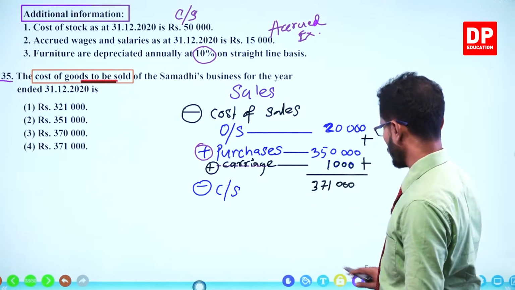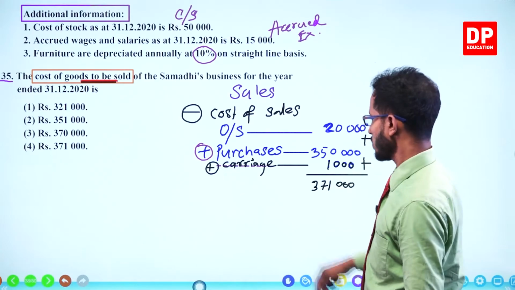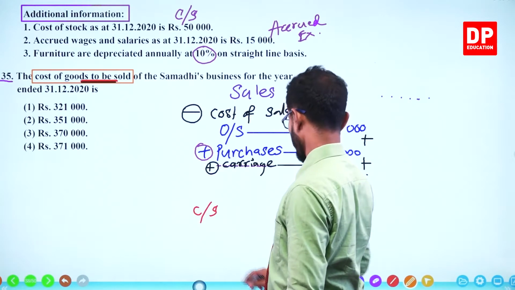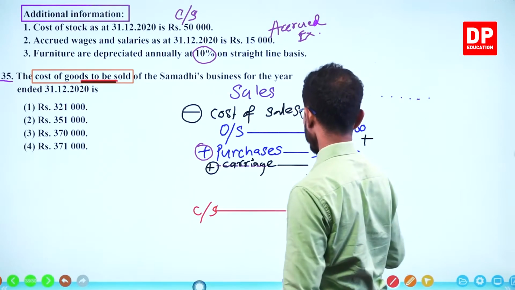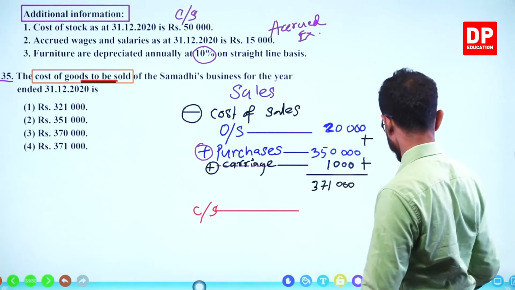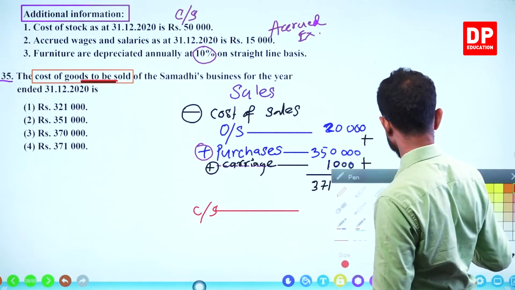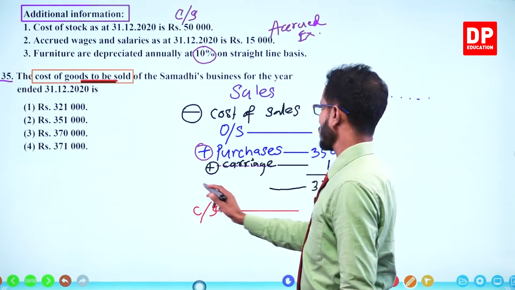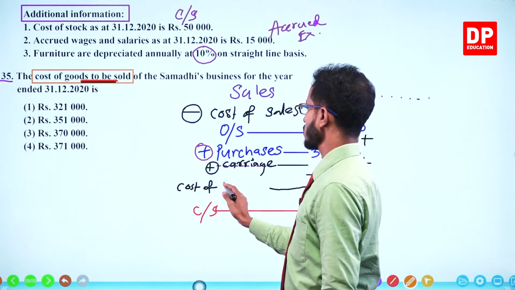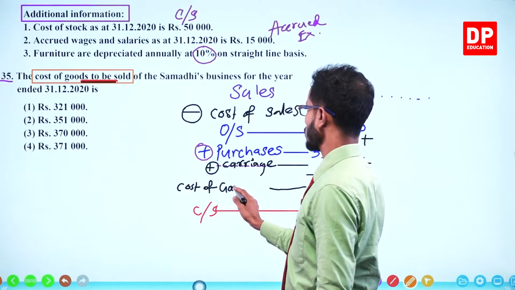From that you would subtract the closing stock to get cost of sales. But this is cost of goods to be sold. This answer is cost of goods to be sold.